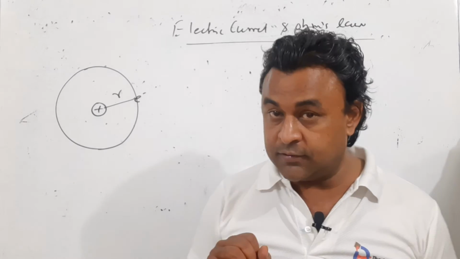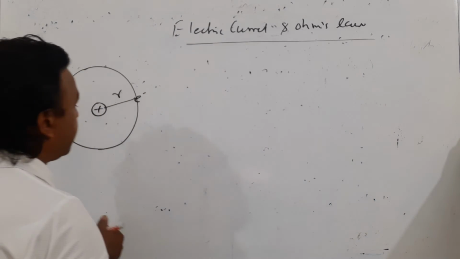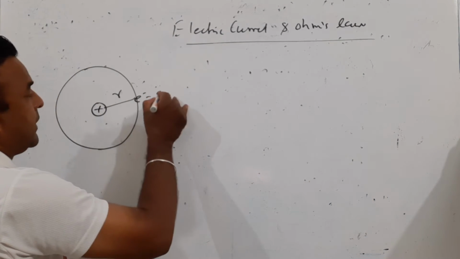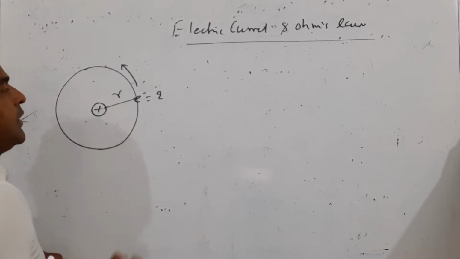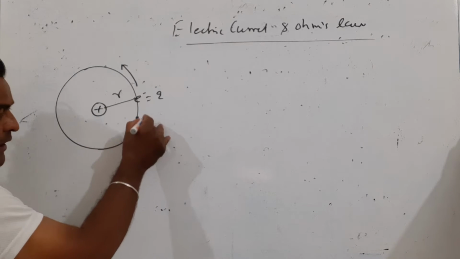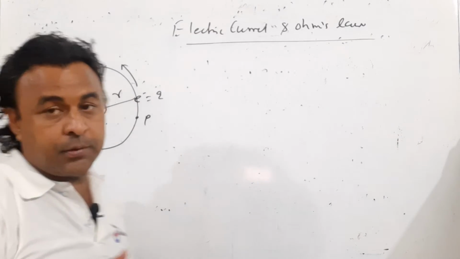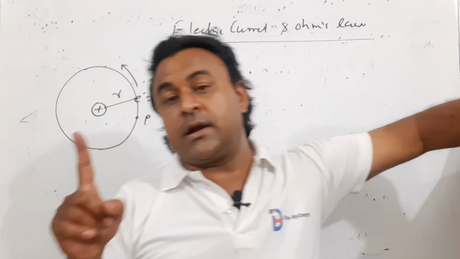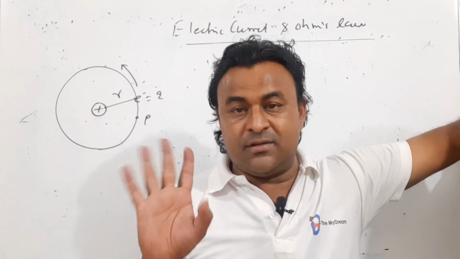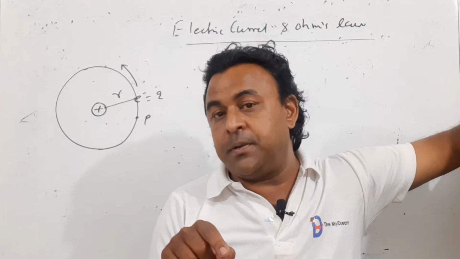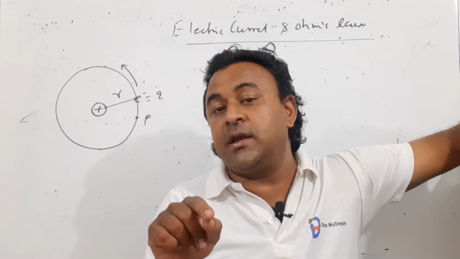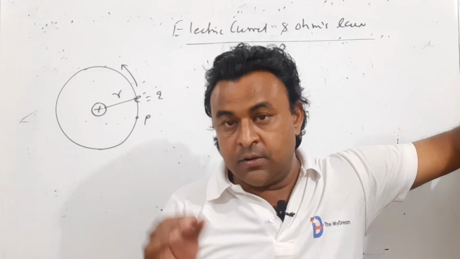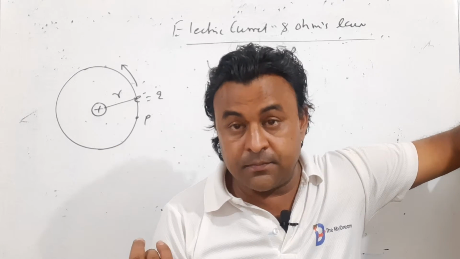How much current is that? If I replace E by Q, suppose I am standing at point P. If the electron revolves once in a circle, then at point P I will observe charge E flowing per second, so the current will be E ampere.